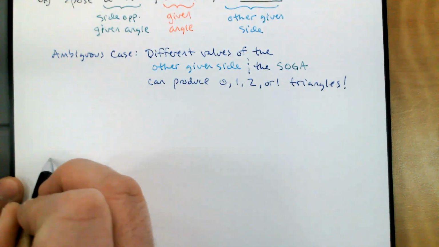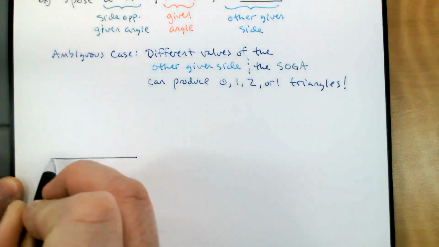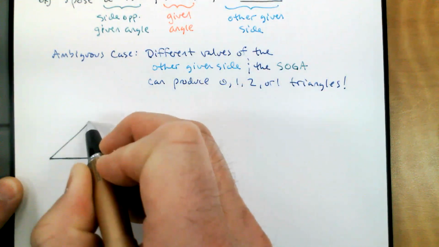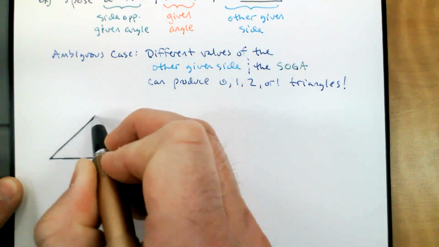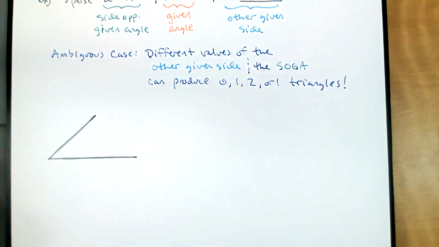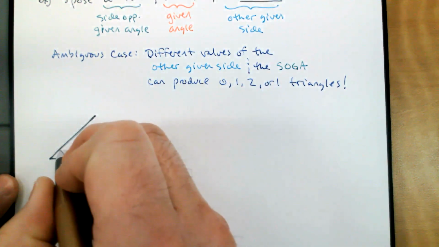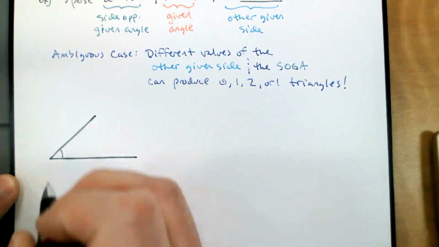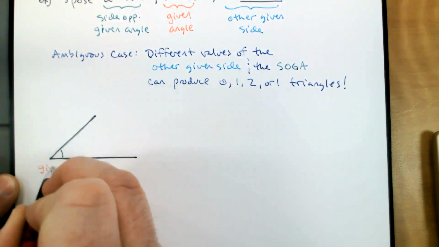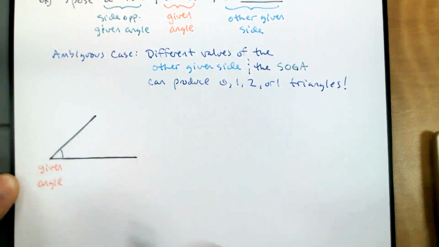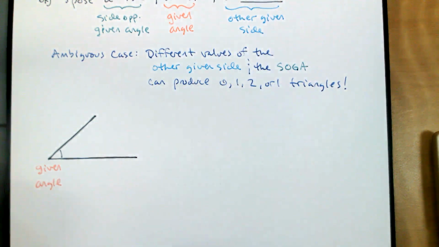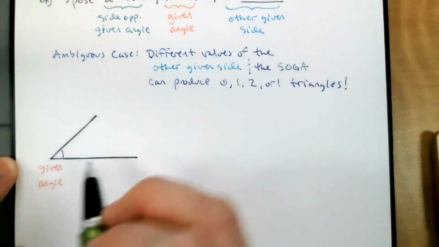Let's suppose that we have an angle. So the given information is, let's say this is the given angle. The other piece that we're going to have is the side opposite the given angle. The side opposite the given angle has to connect this end down to this line down here.